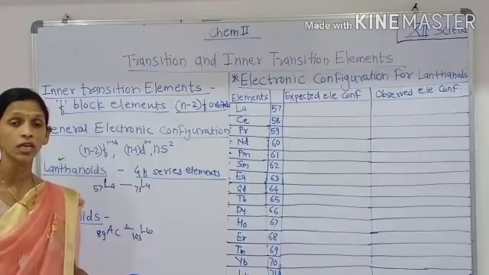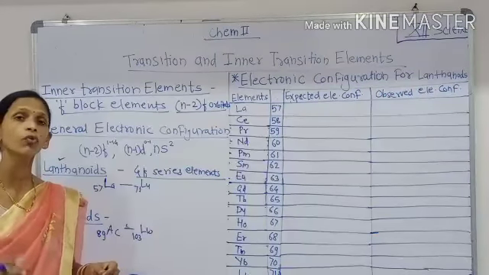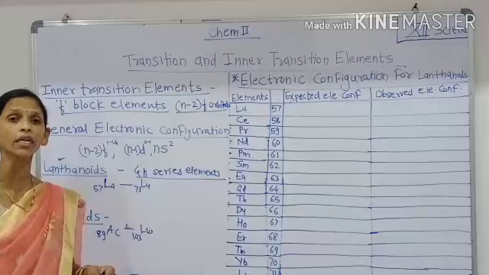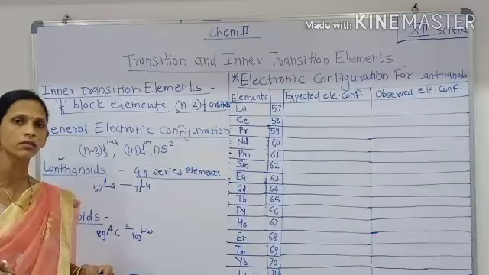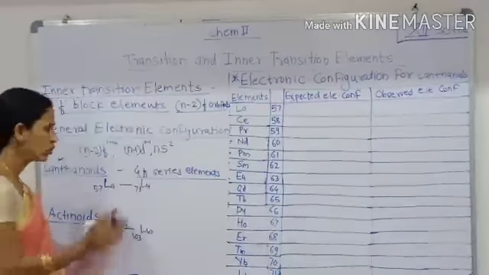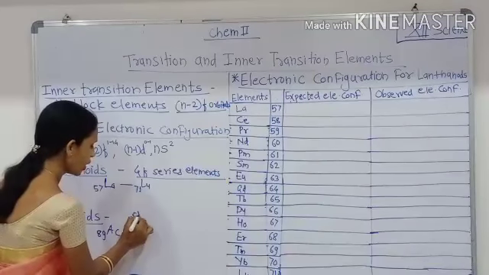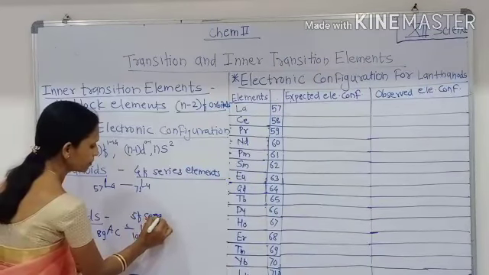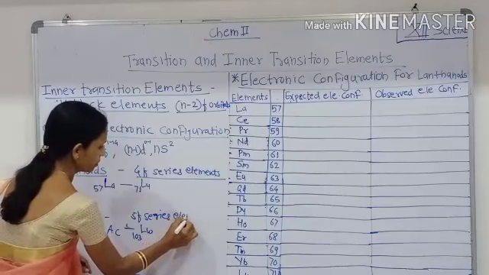Similarly, the 14 elements after actinium are called actinoids, also known as 5f series elements.